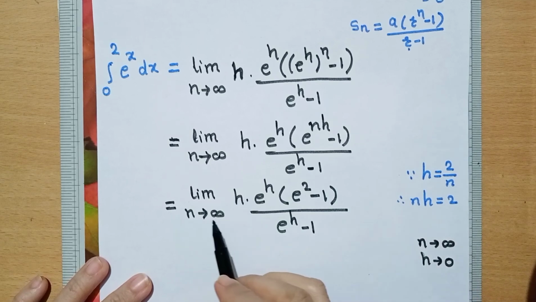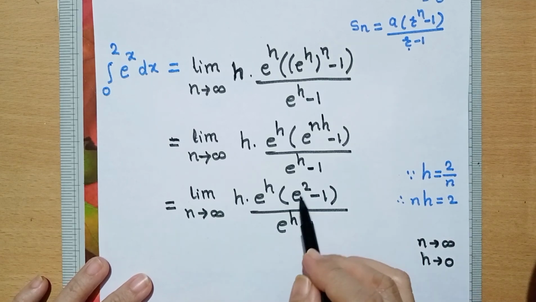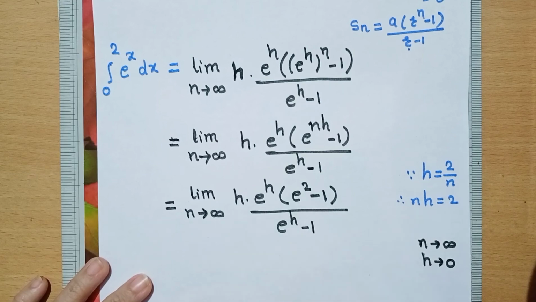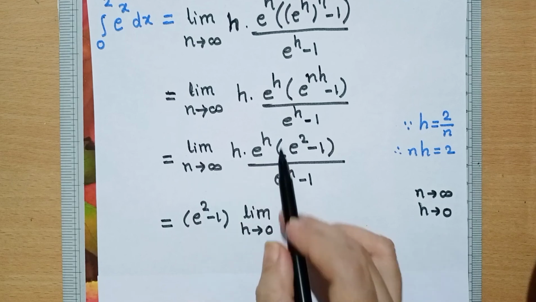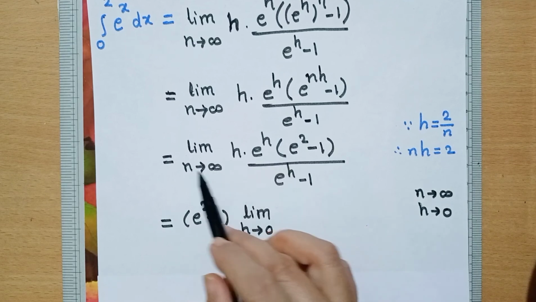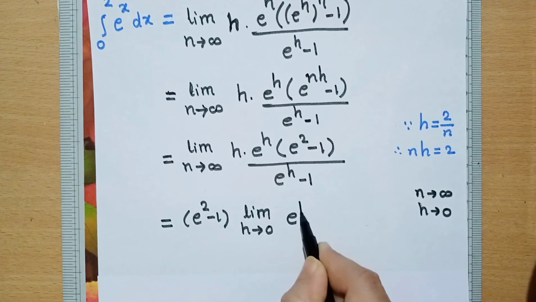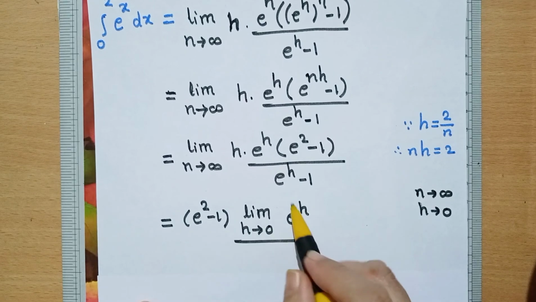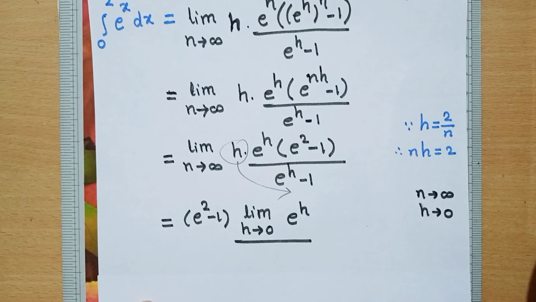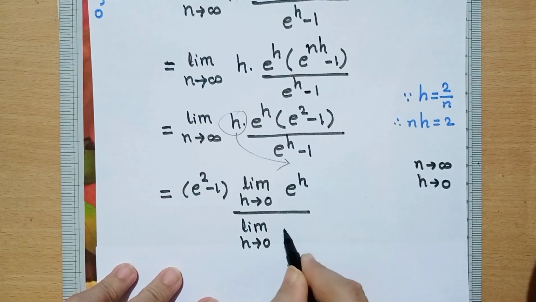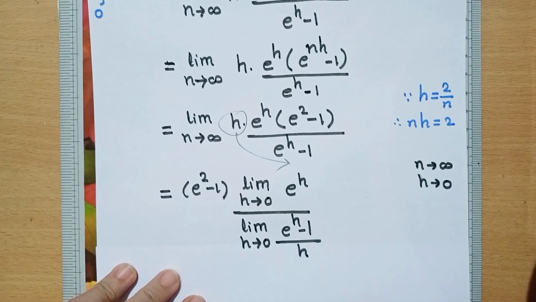So here I am writing h tends to 0, and this e square minus 1 is constant, we will take outside. We will apply the limit upside and downside. So h tends to 0 for e raised to h, and again we will move this h term here in the denominator, and so this will become e raised to h minus 1 upon h.